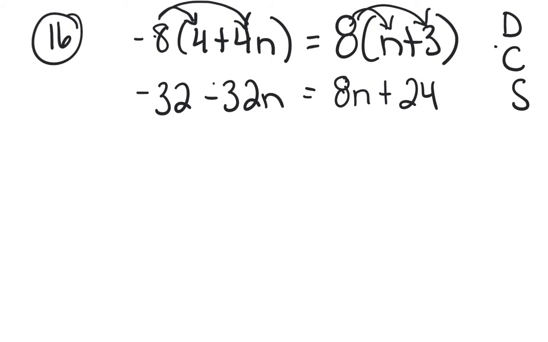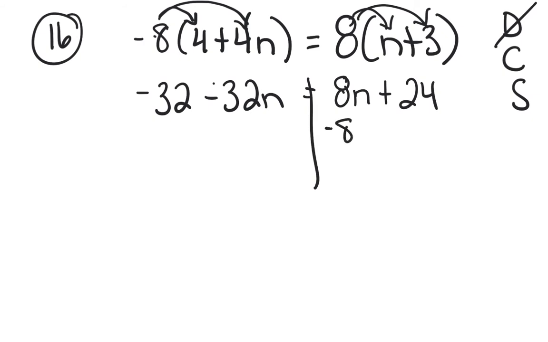Okay, so we are done with distributive. If I look now, I'm not really combining like terms on the same side, but we do need to combine our variables and our numbers that are not variables. So it's really your choice on how you want to do this next step. Like I said, for me, it depends on the numbers, whatever side makes sense. So I'm actually going to move my variables to the left this time.